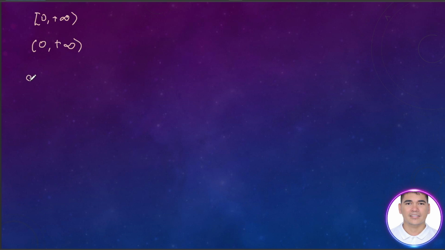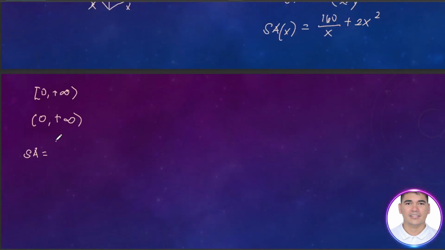So our SA is equal to 160 over x plus 2x squared. To get the critical numbers, we need to differentiate the surface area. For 160 over x, using the quotient rule, we won't show the derivation.